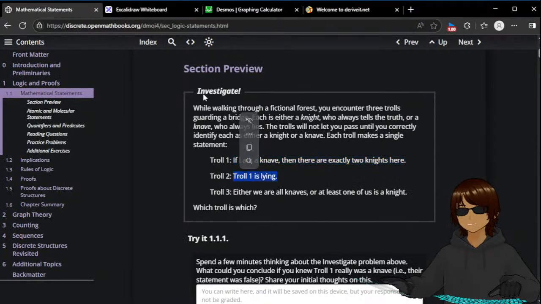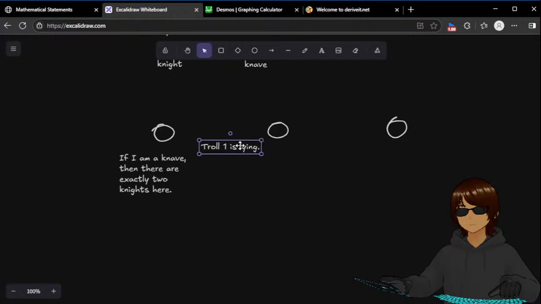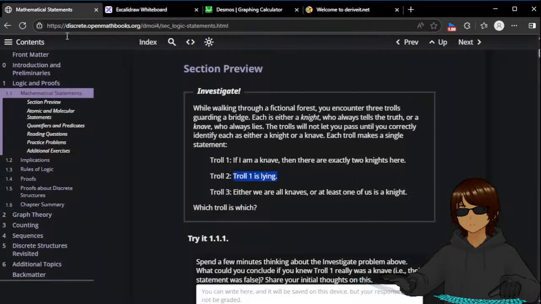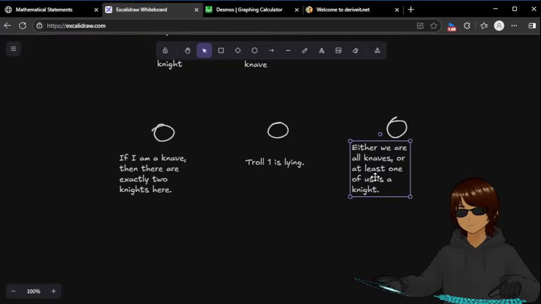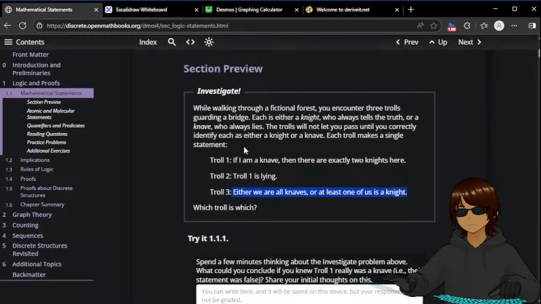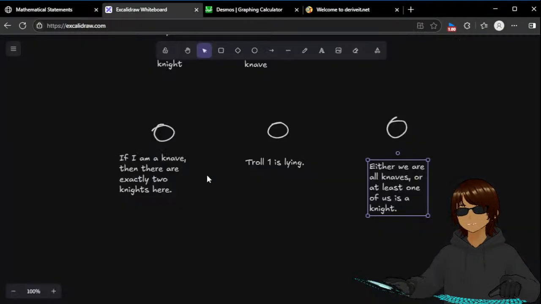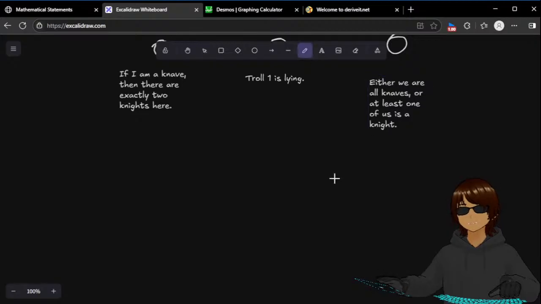Troll two: troll one is lying. Troll three: either we are all knaves or at least one of us is a knight. Which troll is which?